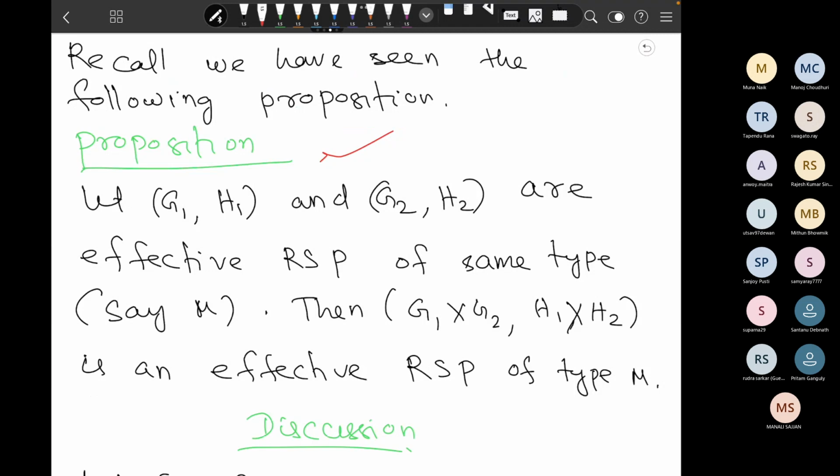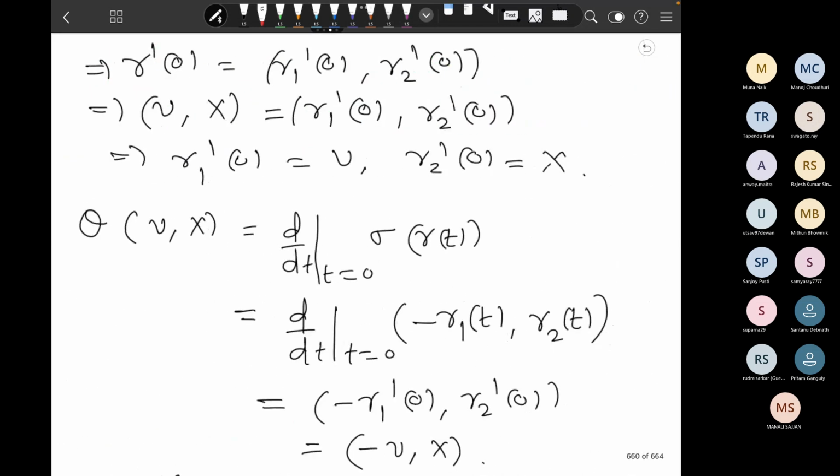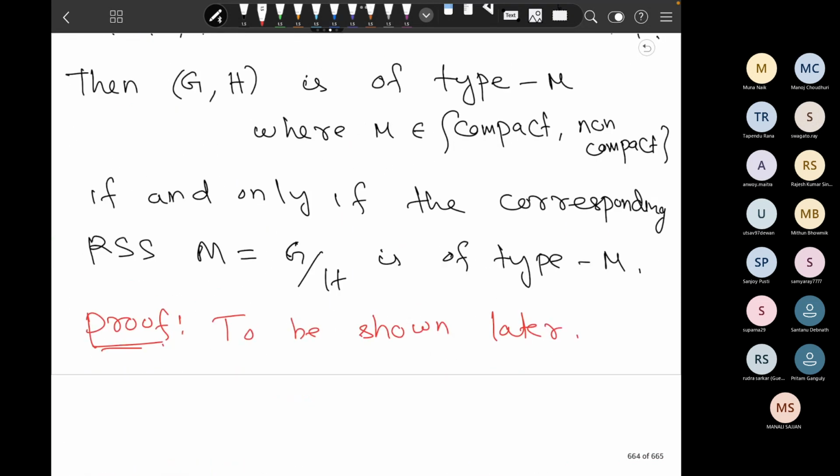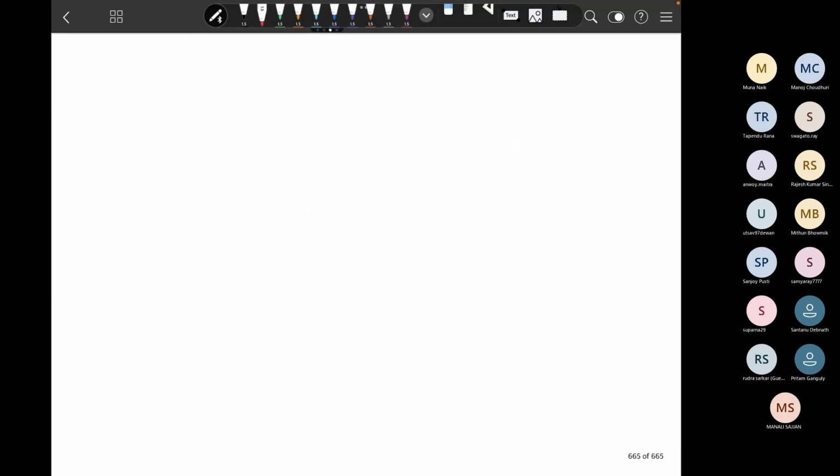Then G1 cross G2 and H1 cross H2 is an effective Riemannian symmetric pair of type mu.